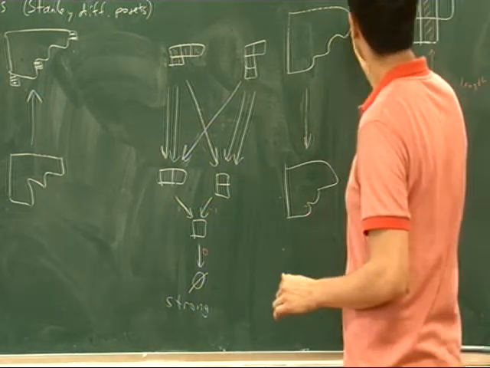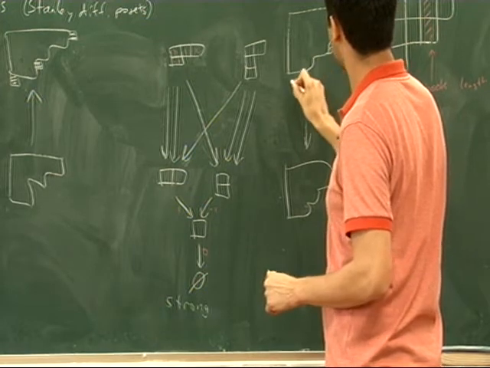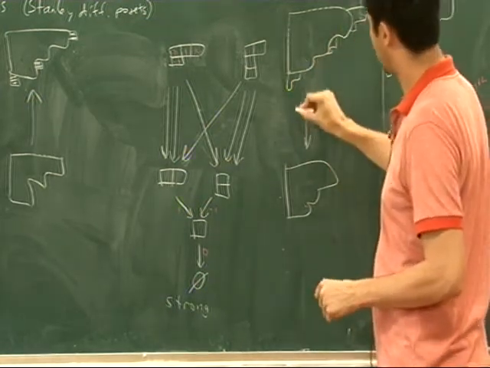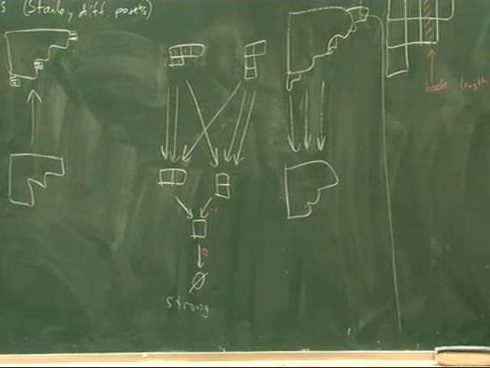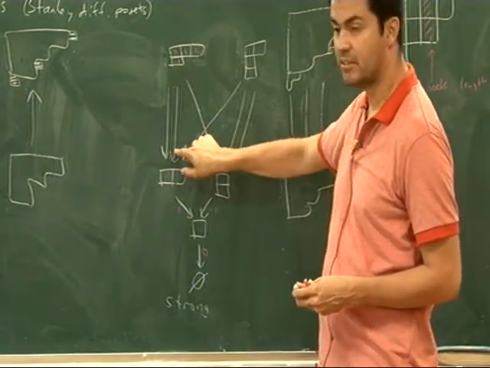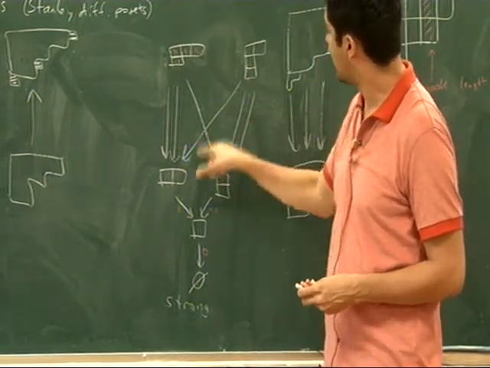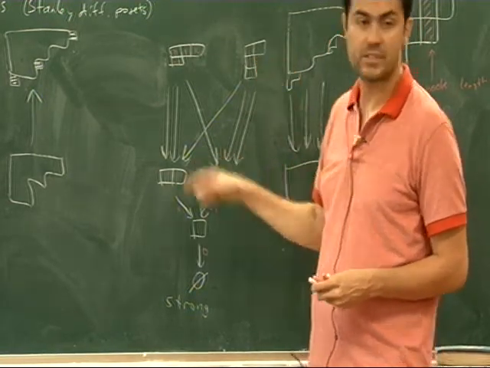So if from here to here I obtain this one by adding a few things, like 3 things, then I have 3 edges going down. Okay? And so for example, from here to here I'm adding 2 connected components, so I have 2 edges down. From here to here I'm adding only 1 connected component, so I have 1 edge down.